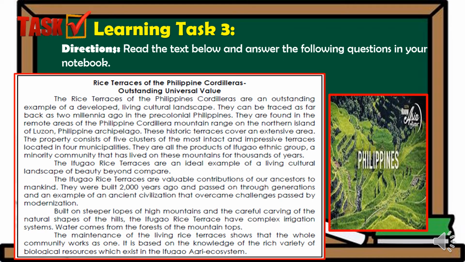They can be traced as far back as 2 millennia ago in the pre-colonial Philippines. They are found in the remote areas of the Philippine Cordillera mountain range on the northern island of Luzon, Philippine archipelago. These historic terraces cover an extensive area.